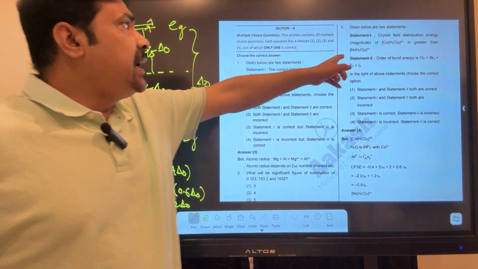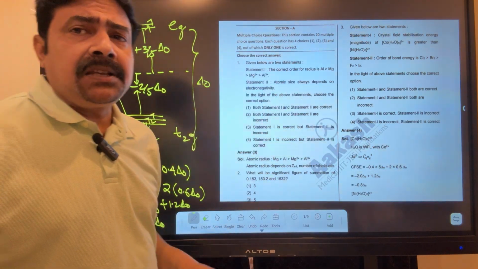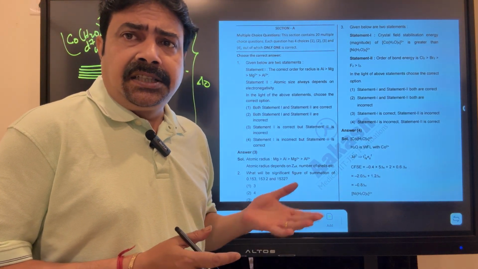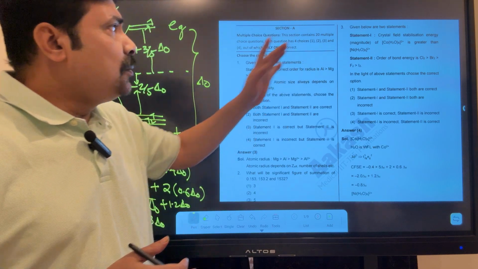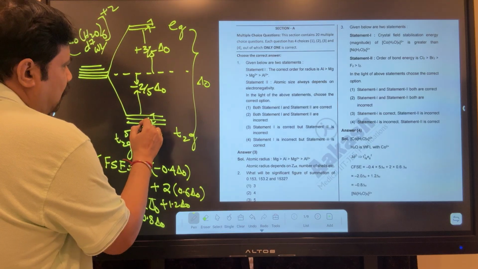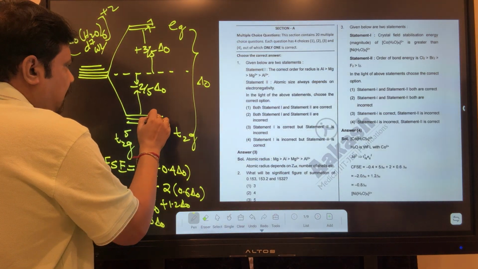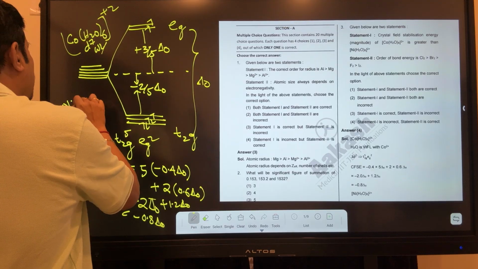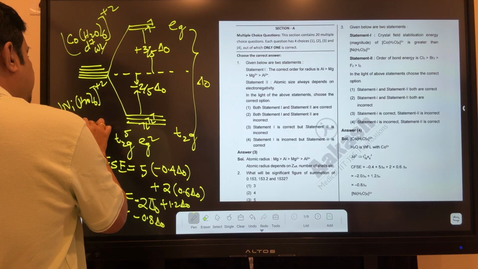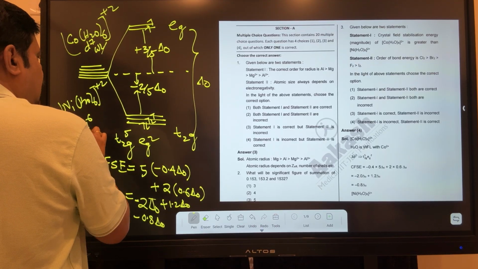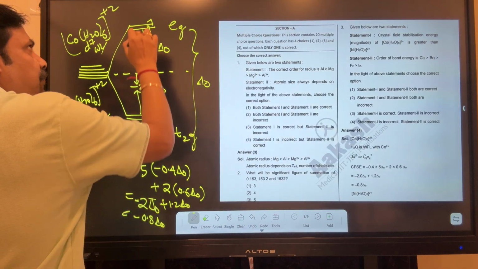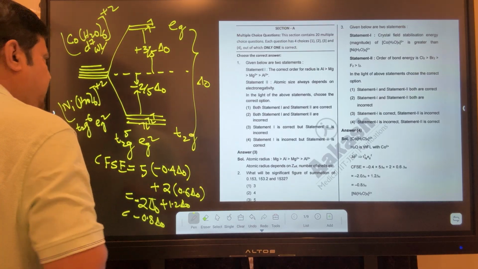Whereas the [Ni(H2O)6]2+ complex means nickel is in a d8 configuration, because nickel in the neutral state is d8 4s2. Plus 2 state means d8, 8 electrons, and a weak field ligand. How will it fill up? 1, 2, 3, 4, 5, 6, 7, 8. That means in [Ni(H2O)6]2+ my configuration will be T2g6 and Eg2.